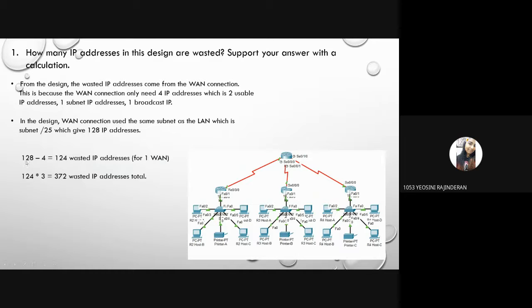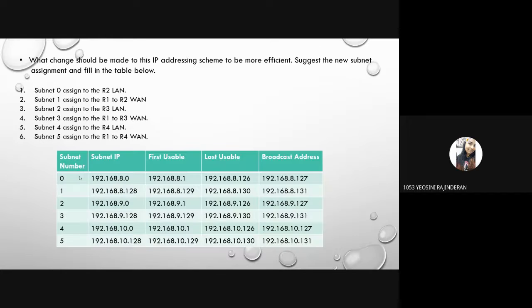In the calculation, 128 minus 4 equals 124 wasted IP addresses for one only. Here we have 3 of them. If we multiply 124 by 3, we get 372 wasted IP addresses in total. Now I will pass my turn to my friend Tiyashini.